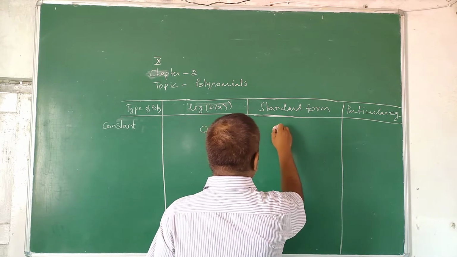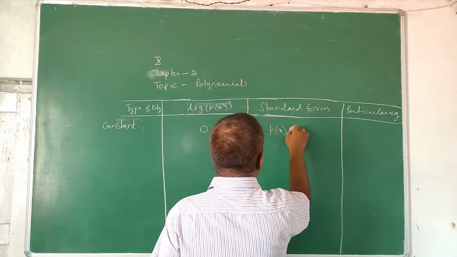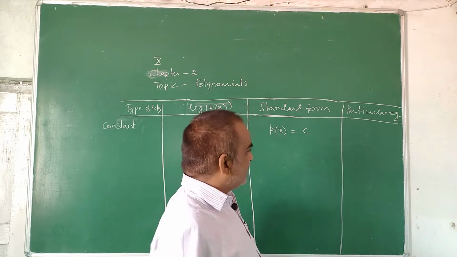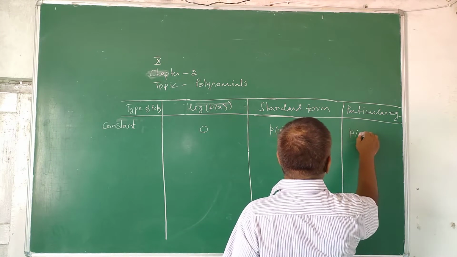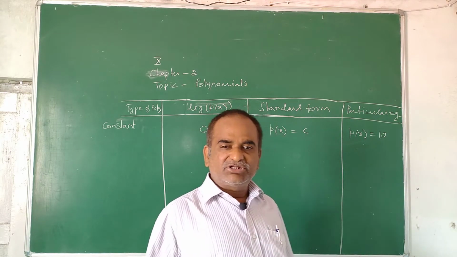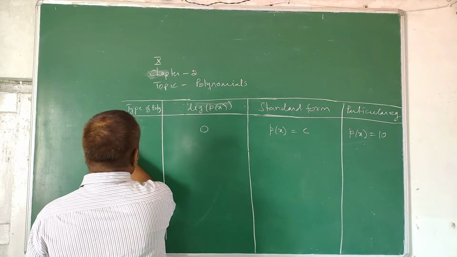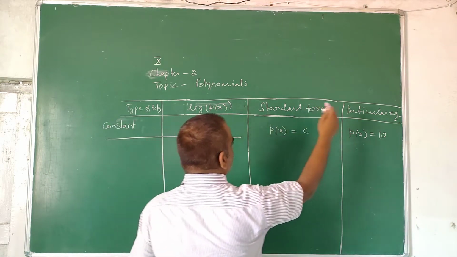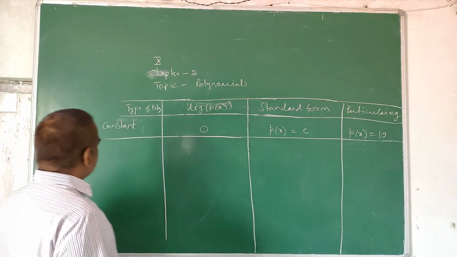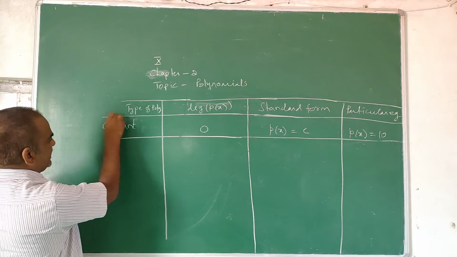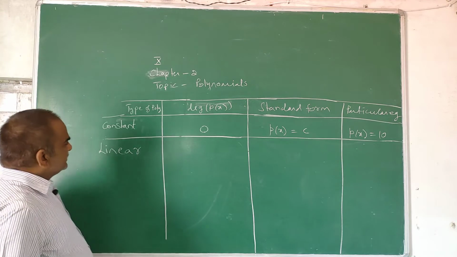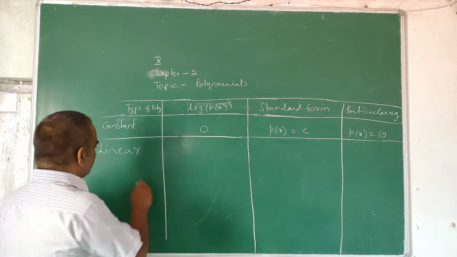Its standard form is p of x is equal to c. And a particular example for constant polynomial is p of x is equal to 10. Understood? Next type is linear polynomial.